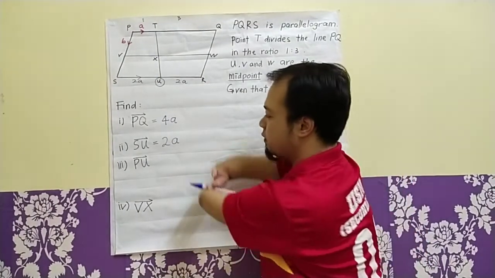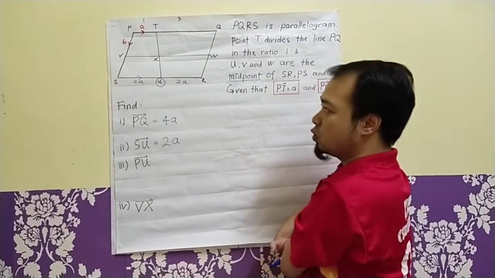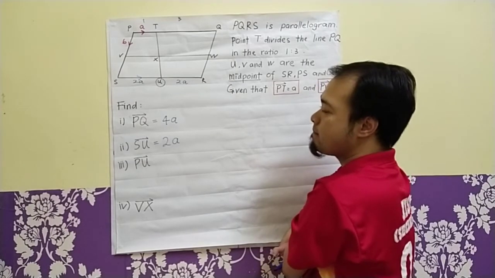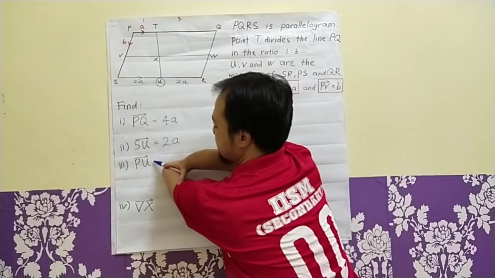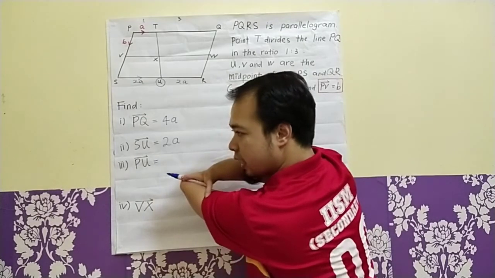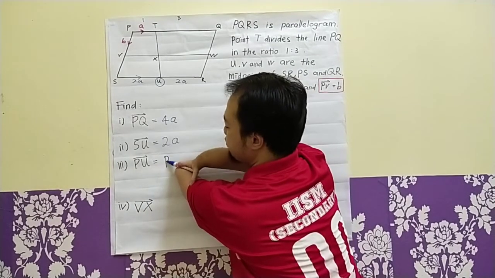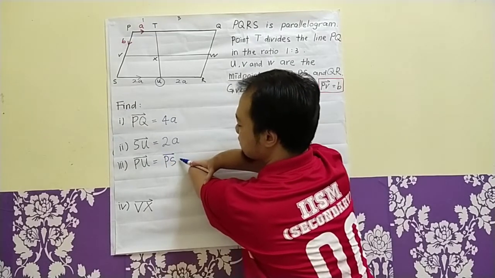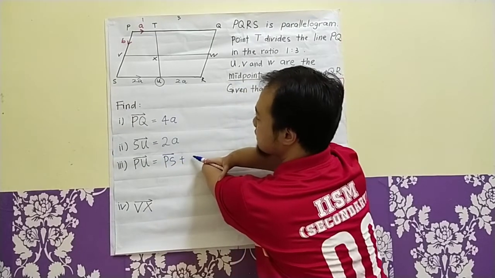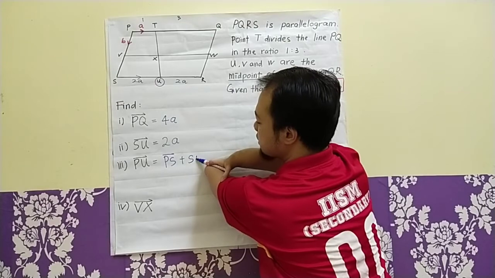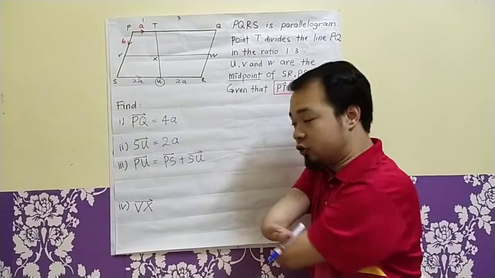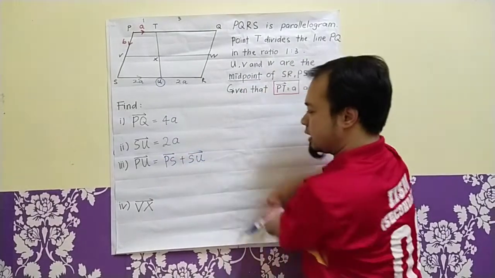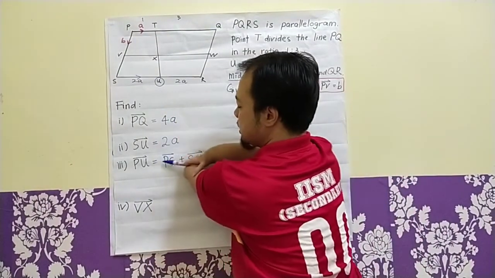What is the path you want to go from P to U? P to S, then SU. So PU is PS plus SU.